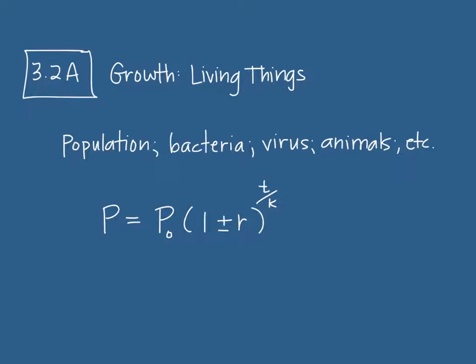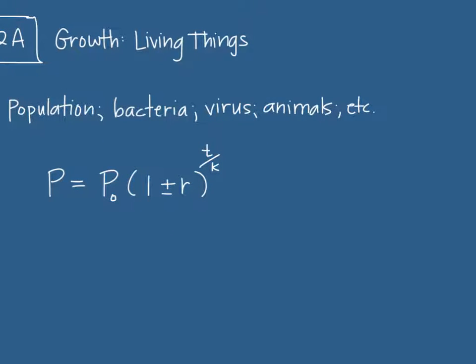All right, so let's start with what those things are. P stands for the population. The difference between P and P sub O: P sub O stands for the original size, or the original amount.